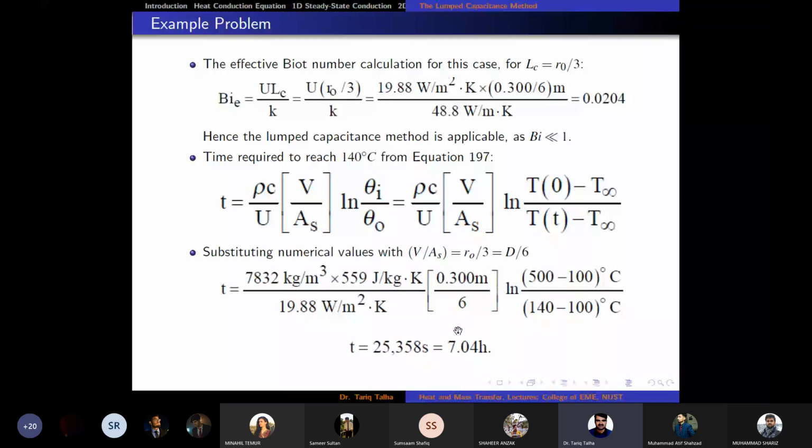even by using the quenching process, the time required is 7 hours. And in the previous numerical, when we did the annealing process in air, that only required 18 minutes. So why is there this difference between these two values?